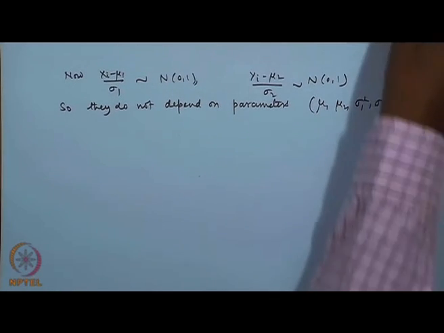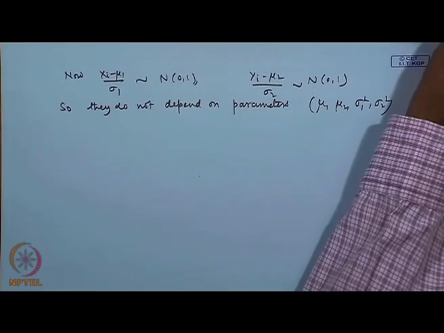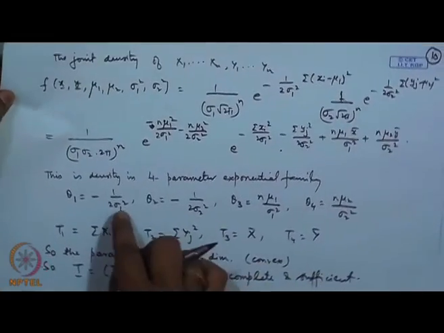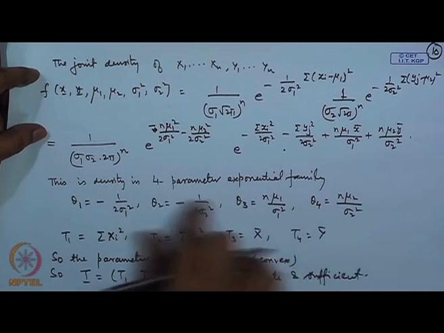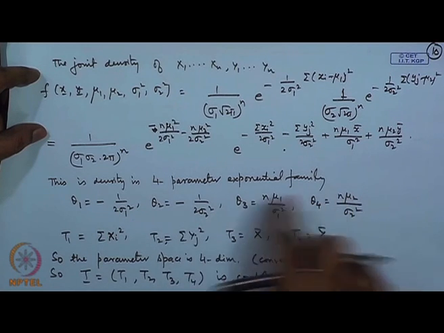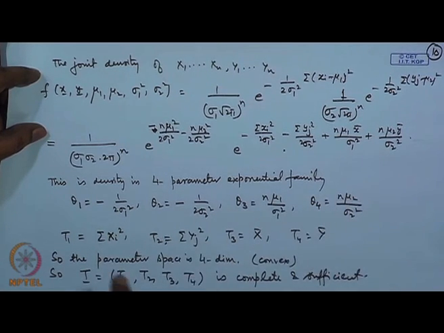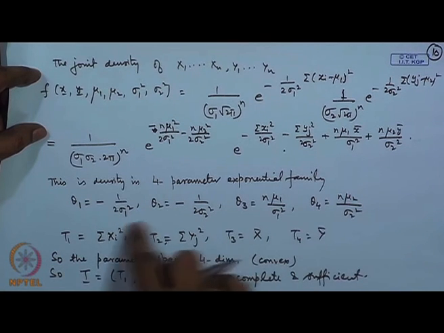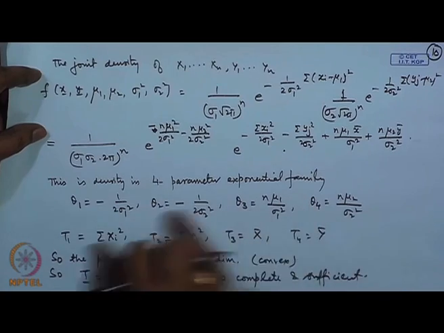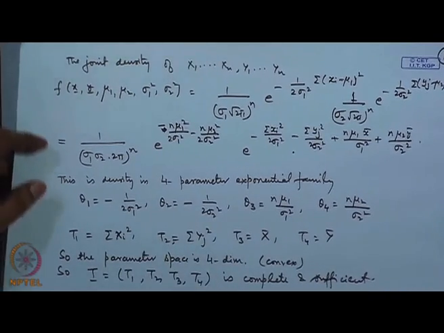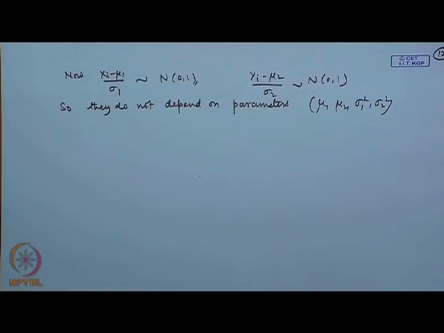So, what we have now are the parameters theta 1, theta 2, theta 3, theta 4, which is a 1 to 1 function of mu 1, mu 2, sigma 1 square and sigma 2 square. The corresponding complete sufficient statistic is T 1, T 2, T 3, T 4, which is a 1 to 1 function of x bar, y bar and sigma x i square, sigma y j square.